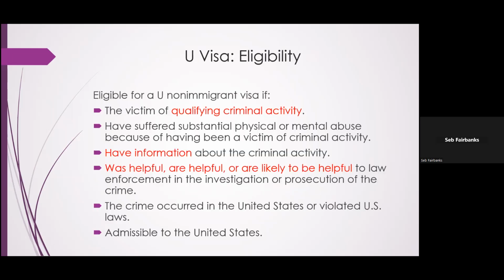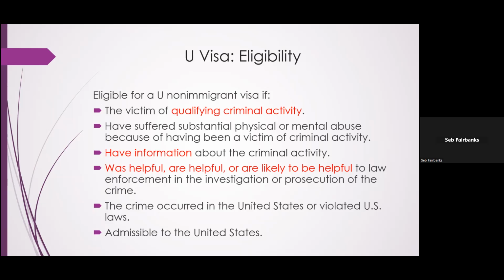Okay. For the U visa eligibility, we recognize that some people call themselves victims and survivors, but for the purpose of talking about immigration law, we're going to say victims, okay? The victim of the qualifying criminal activity has to have suffered substantial physical or mental abuse, like I mentioned.